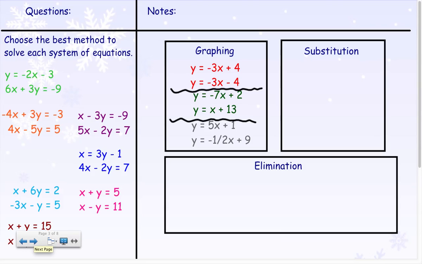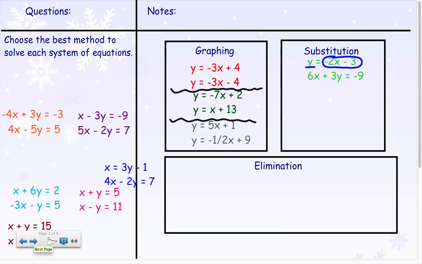All right, for substitution, substitution is easiest if there's one variable by itself on one side. So for example, this would be a good substitution system because if I were to solve this, I look for the variable that's all alone, which is y. So I would circle the negative 2x plus 3. So remember when we always had our first step of drawing a circle, that was a substitution problem.